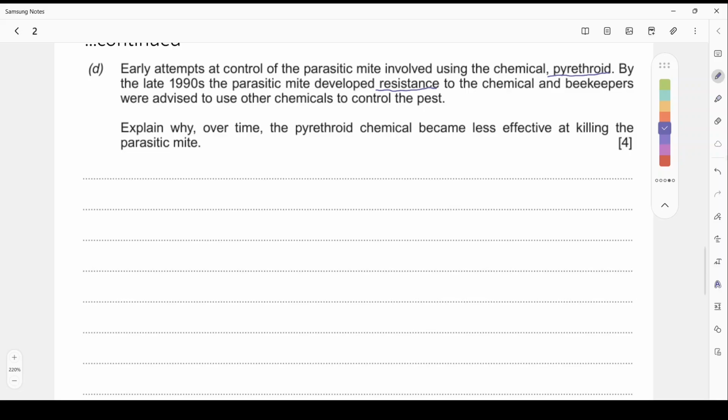And then what happened is that those with the mutation, when they were exposed to the pyrethroid, did not die. Instead, they would survive, or were more likely to survive, and more likely to reproduce, and then pass on that allele or that mutation to their offspring. And that is referred to as natural selection. So let's write this out.